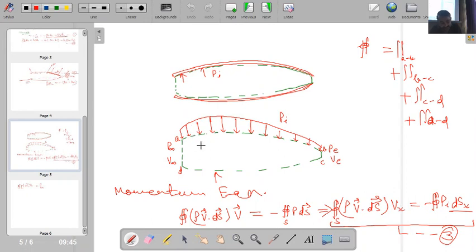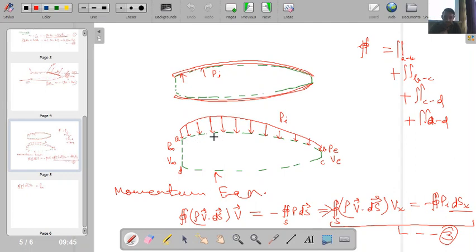Is there any mass which can pass through this A to B boundary? The A to B boundary is adjacent to a solid wall, and if we are considering an impermeable solid wall, then there is no mass transfer. If there is no mass transfer, then the momentum transfer across this A to B boundary will also be 0.